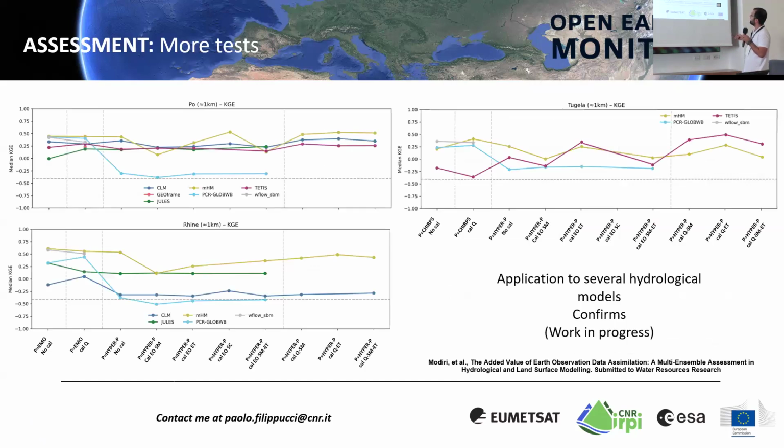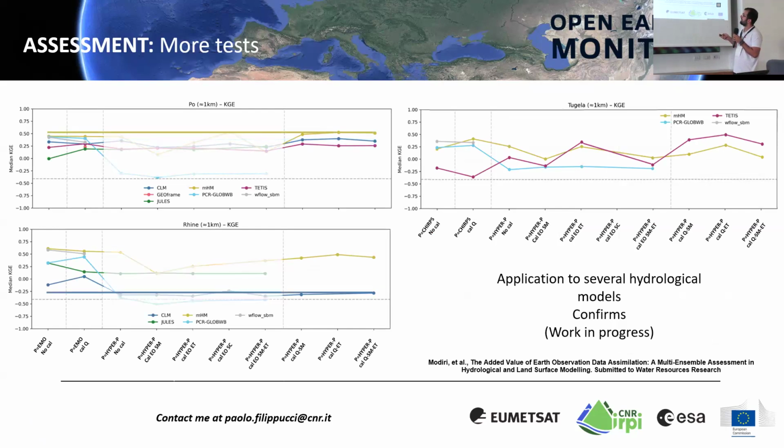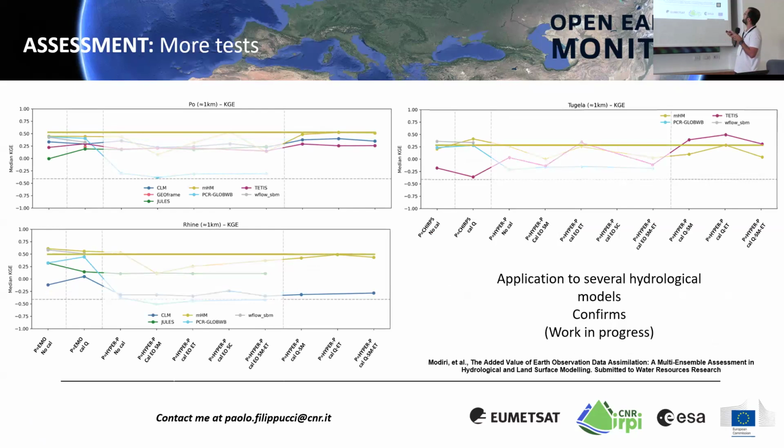And we have also applied it in several other hydrological models. I will not go too much in details. The important thing is that we can see some improvement. They have applied all those models in the Po River Basin, in Rhine, in Tugela, obtaining some improvement for the Po, not many improvements in the Rhine, and some improvement in the Tugela Basin.